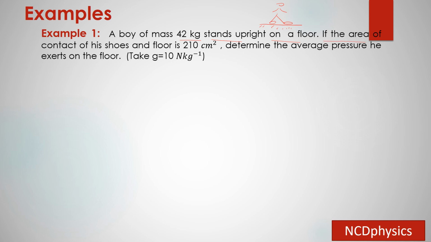If the area of the contact of his shoes is 20 centimeter square, so the total area, let's say A1 and A2, the total is A2 plus A1, equal to 210 centimeter square. Determine the average pressure exerted on the floor. So this guy is applying a force because of his weight, and that's why pressure is produced on the surface of the ground.